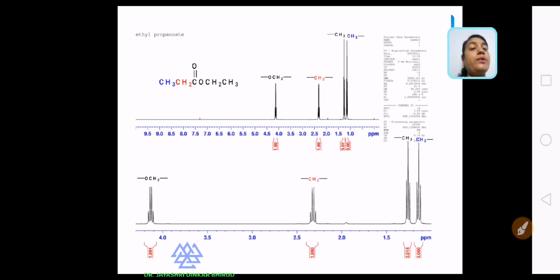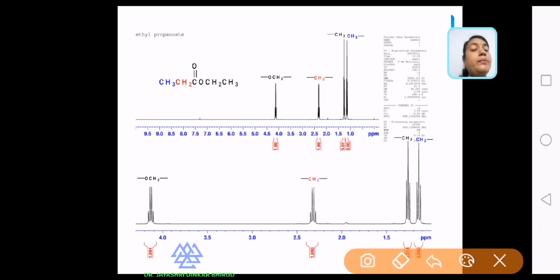This compound also contains 2 CH2 groups. So the number of signals is 1 for CH3, 1 for the other CH3, 1 for one CH2, and 1 for the other CH2. So the number of signals is 4.